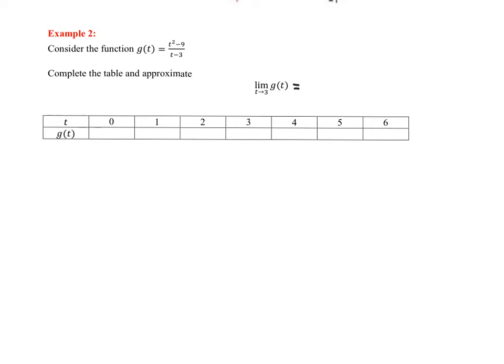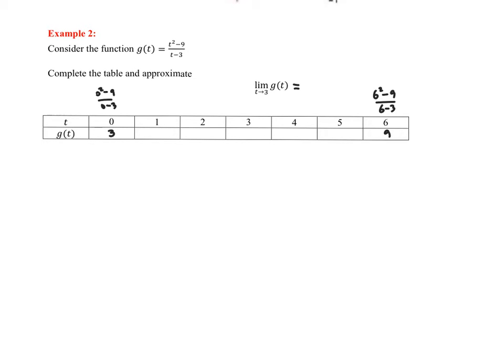Well, g of 0 would be 0 squared minus 9 over 0 minus 3. So it looks like g of 0 is 3. Let's try g of 6. 6 squared minus 9 over 6 minus 3. Well, that's 36 minus 9, which is 27. 27 divided by 3 is 9.